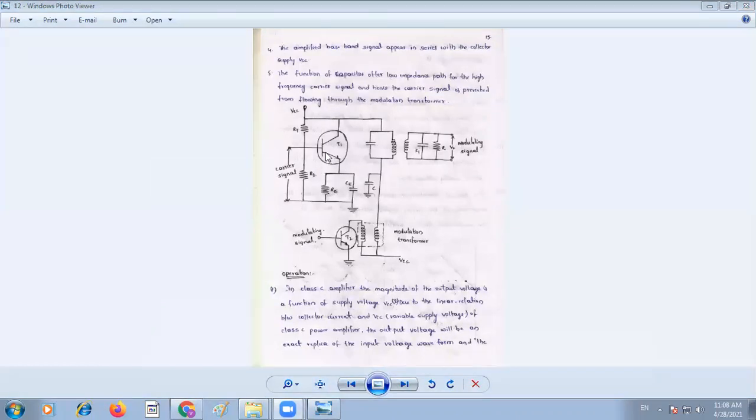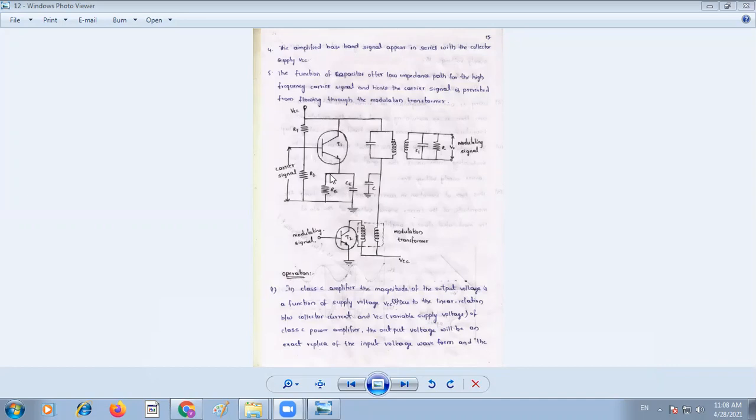One is the T1 transistor, and the biasing supply is given as VCC, and R1, R2 and RE are the biasing resistances, and C is the bypass capacitor. The DC voltage is there, and the AC voltage is bypassed here. So the bypass capacitor is at VCC, that is, the collector capacitor.